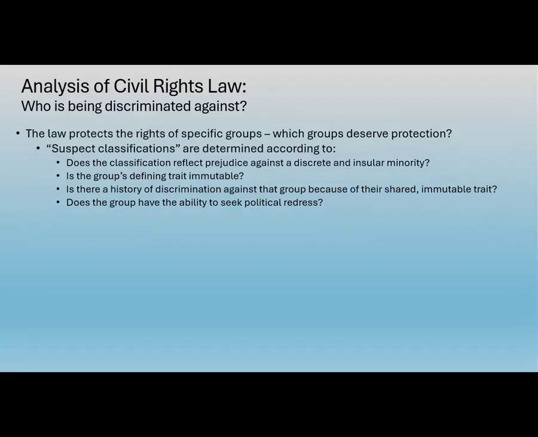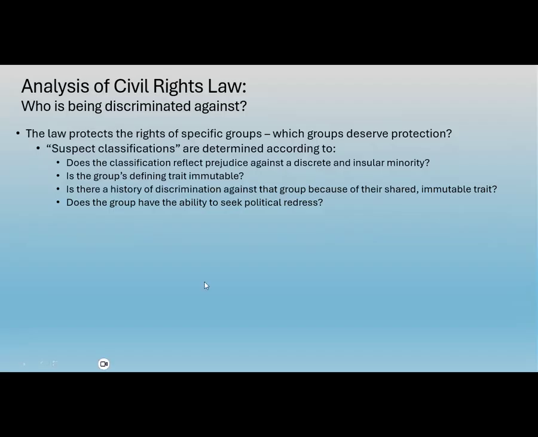But courts might also consider whether the group's collective voice is heard in the democratic process now. And that makes this one of the trickier factors because many groups, such as African Americans, have much greater political power now than they did historically. Yet the law still considers race a suspect classification because of the long history of discrimination and white supremacy, and because of our next factor.